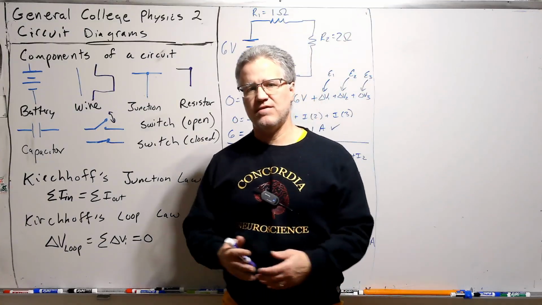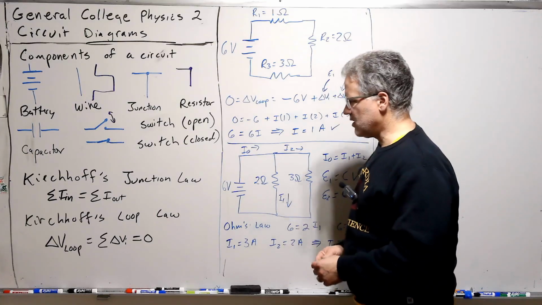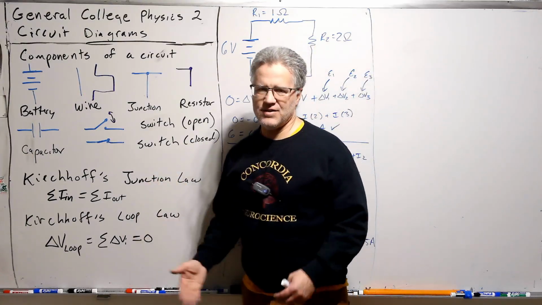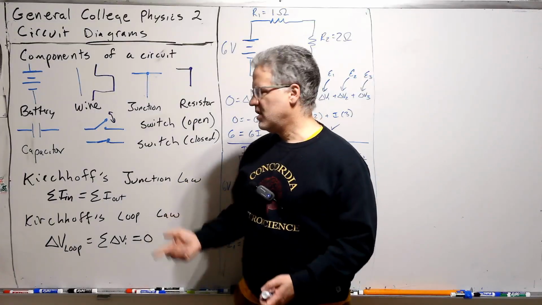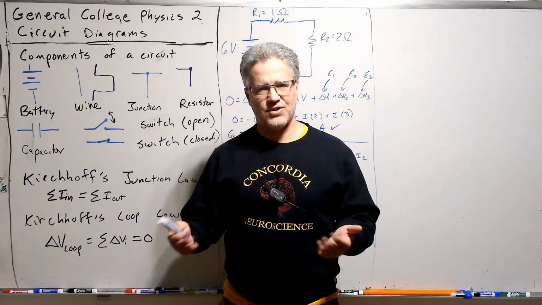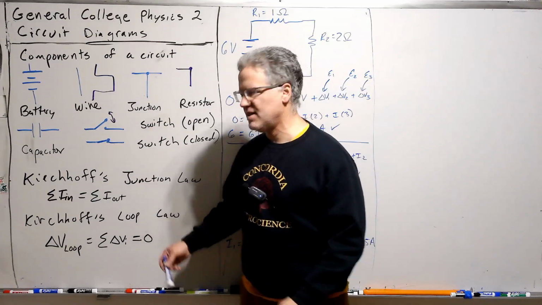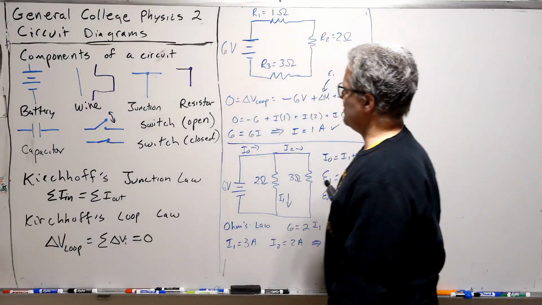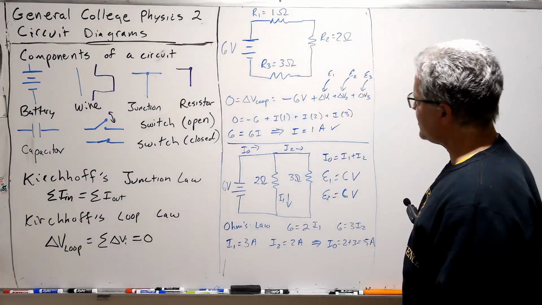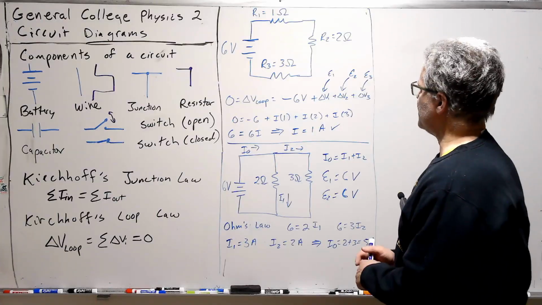That's the crux of the loop law. So really the two laws are just common sense laws: current in equals current out of a junction, and if we get back to where we started, our voltage has to be 0.